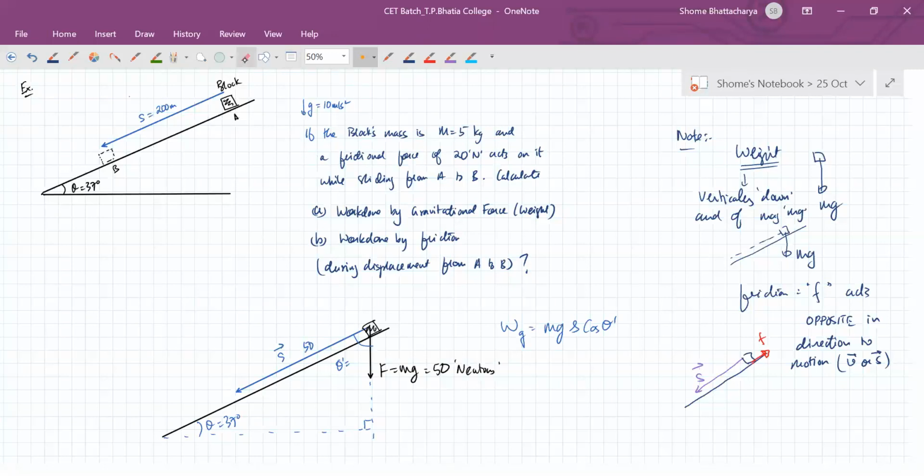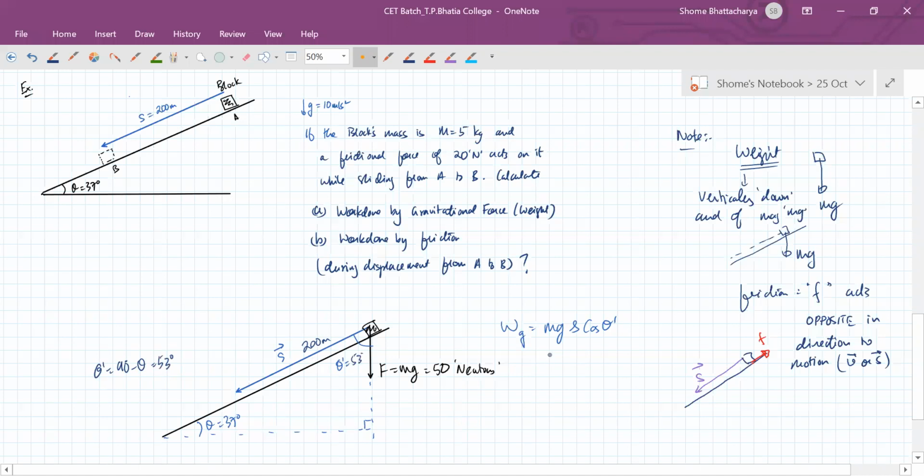So this is 200 meters. Theta prime is going to be 90 minus theta, or 53 degrees.